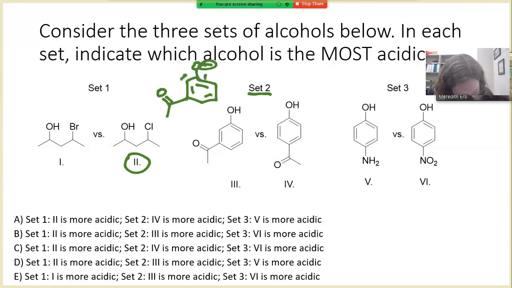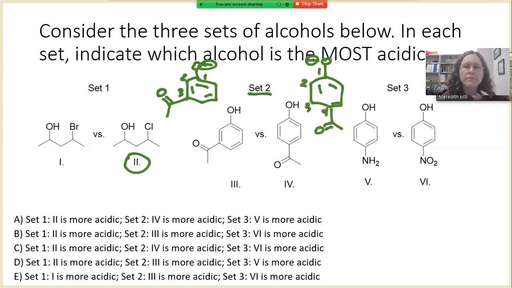If we were to number it, for example, we'd call that the meta position, versus the right-hand side, where our conjugate base has the acetyl group in the 4 position, or the para position. So the key here is which position is better for that acetyl group to be in resonance-wise, 3 or 4? And to figure that out, you really need to draw the resonance contributors.